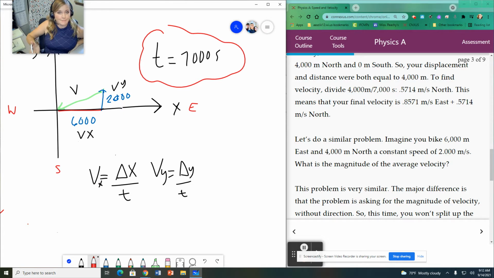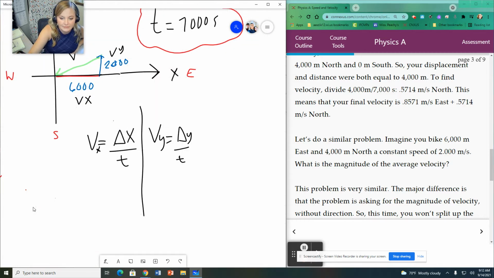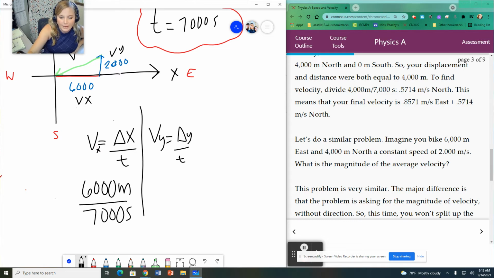When we're doing vectors, we always have to solve for the x component and then the y component. You just have to solve for both. Okay. So our x component is 6,000 meters divided by 7,000 seconds. And our y component is 2,000 meters divided by 7,000 seconds.